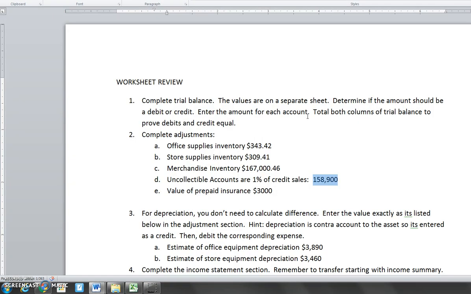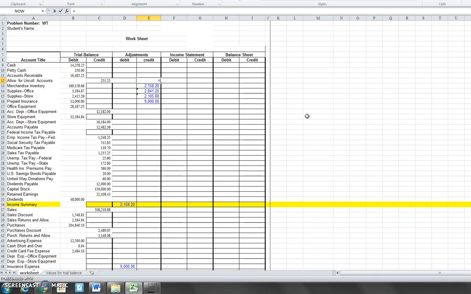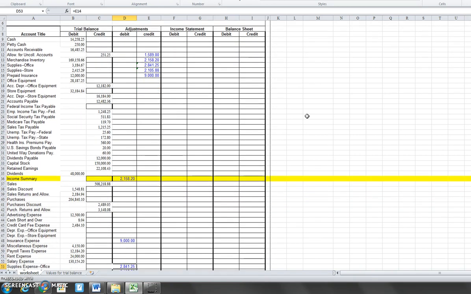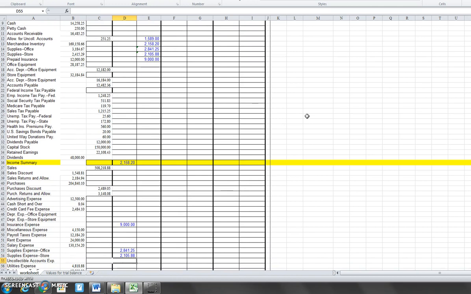So again, we're going to take 1% of 158,900 times 1%, and then find the corresponding expense and debit, which is the uncollectible accounts expense, and match it up. And there's the uncollectible accounts expense.